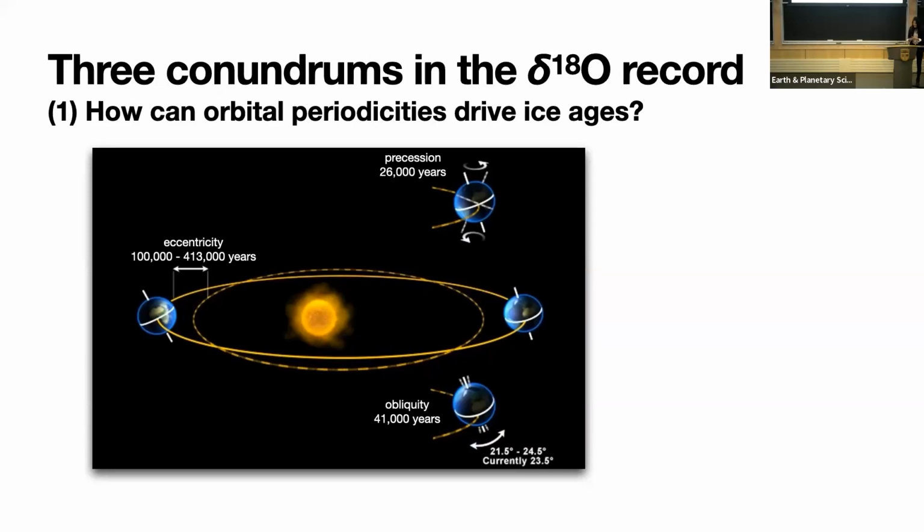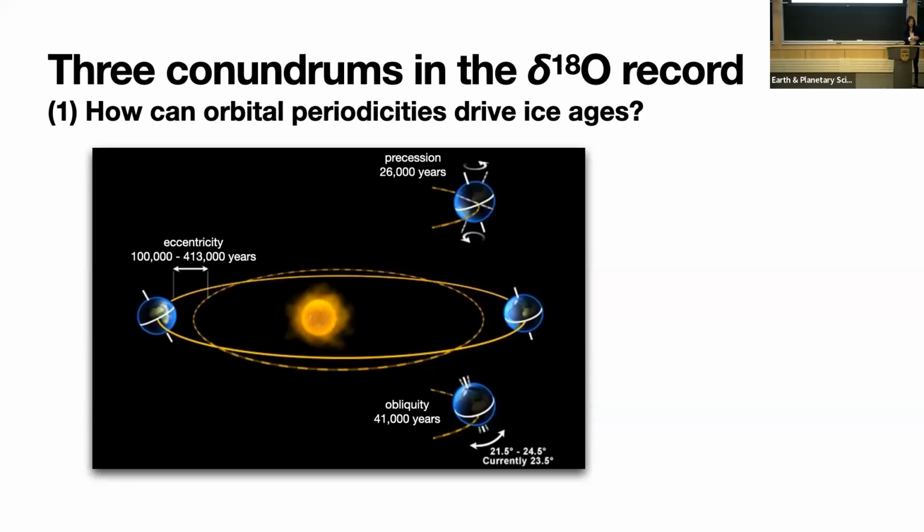And so within the context of the oxygen isotope record and Milankovitch cycles, there are several mysteries, or conundrums. The first is how these orbital cycles actually drive ice ages. And I use drive a little bit generously there. These orbital variations are extremely slight, and so the resulting changes in Earth's insolation are also very slight.